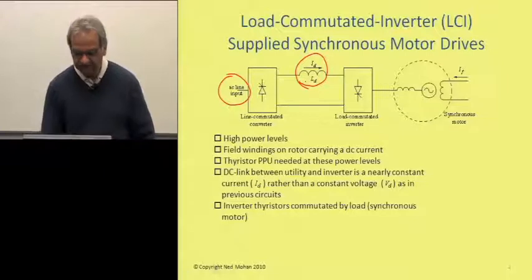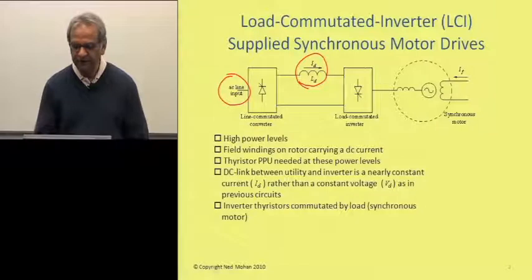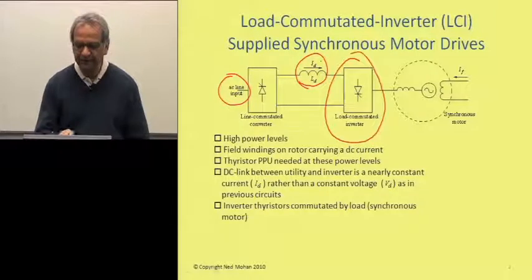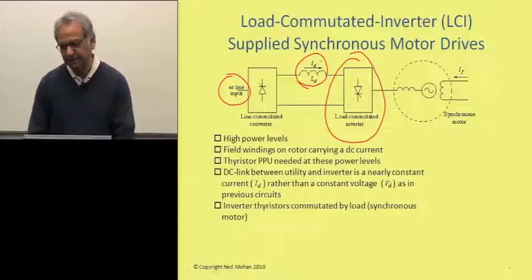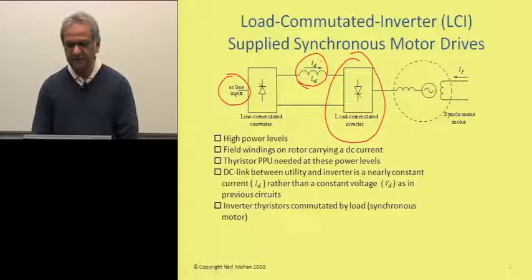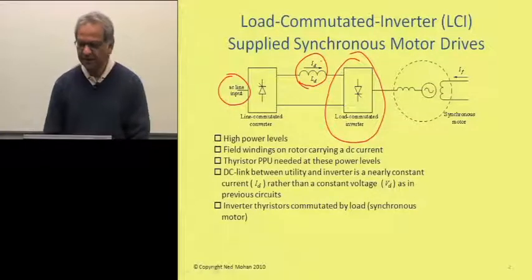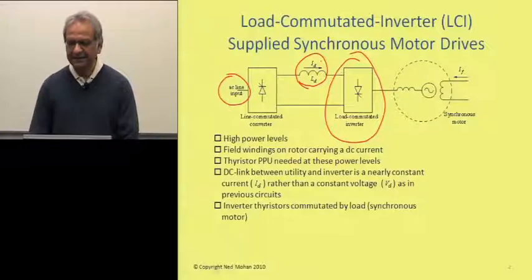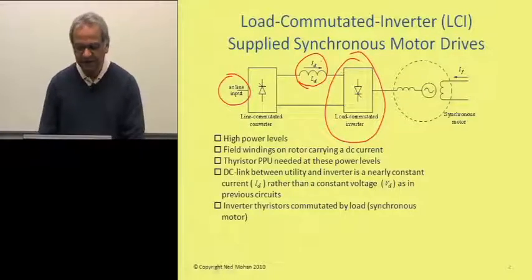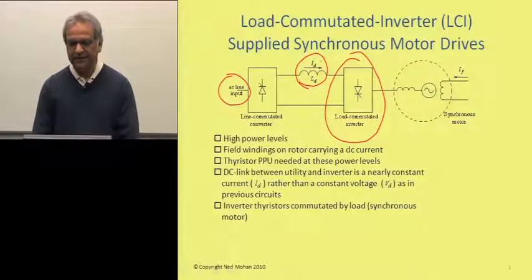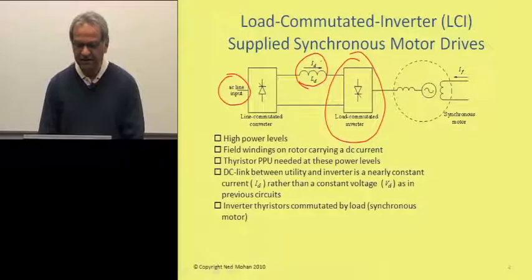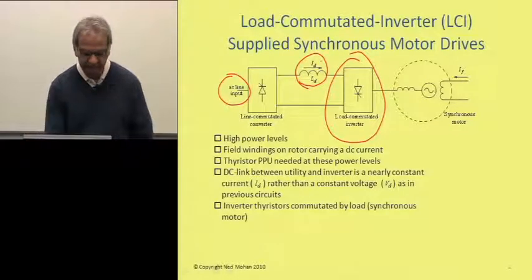And this current is then being supplied to the three-phase winding through this load-commutated inverter. So the current commutation in this inverter takes place because of the back EMFs that are generated within the synchronous machine. And our purpose is really not to go into that kind of detail here, just to indicate that there is a class of machines like this over here.